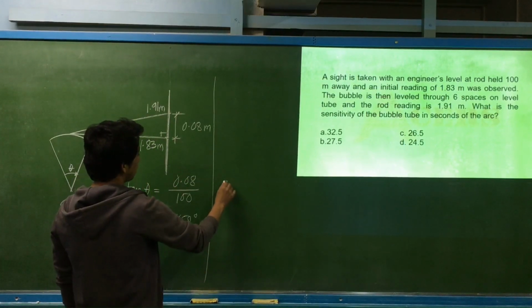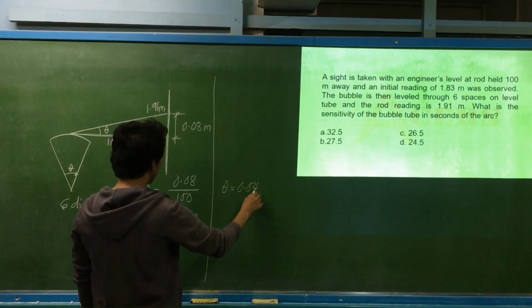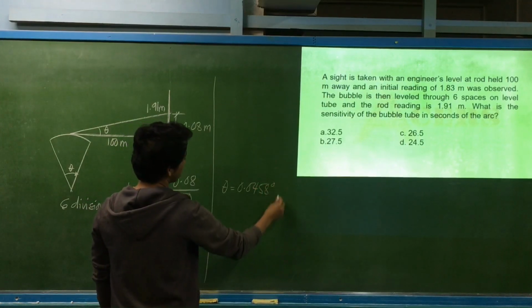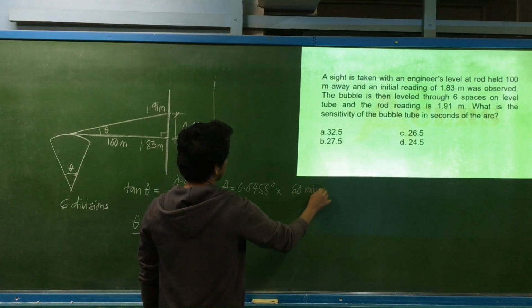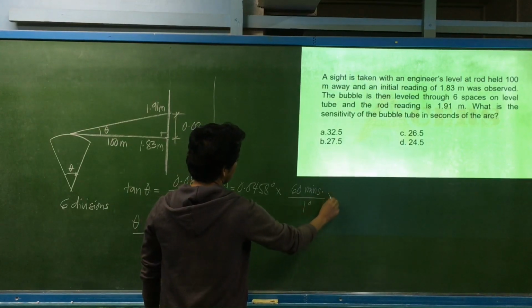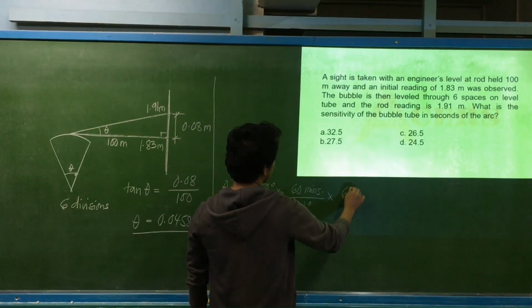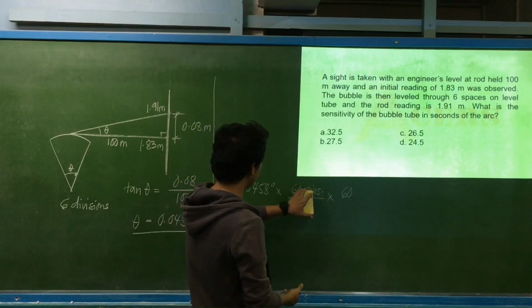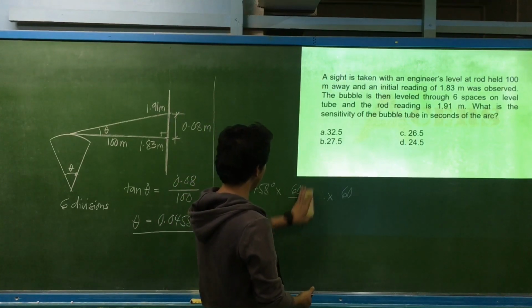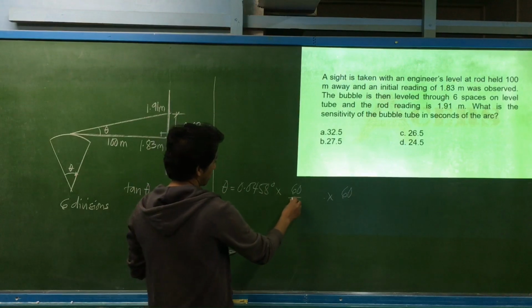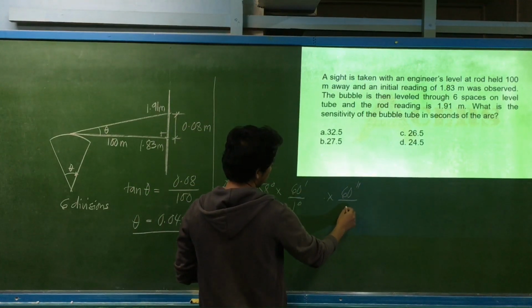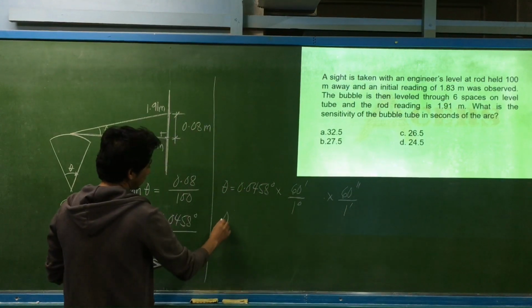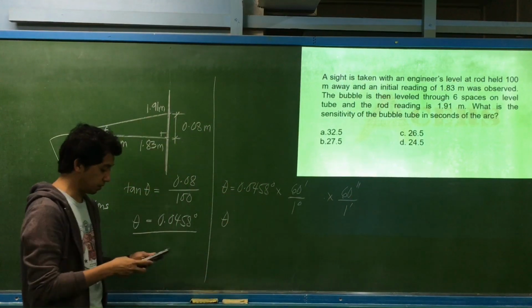So theta is equal to 0.0458 degrees multiplied by 60 minutes is to 1 degree, and multiplied by 60 seconds is to 1 minute. Note that this is not time; we're measuring angles. So we take the value of the angle in terms of minutes.